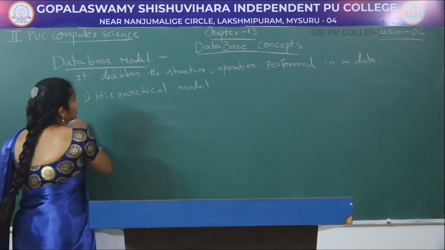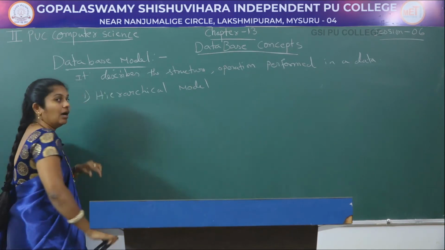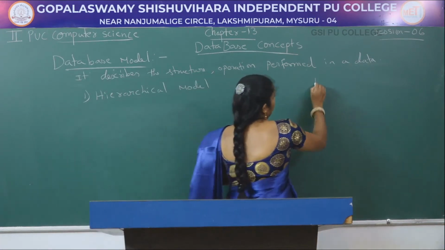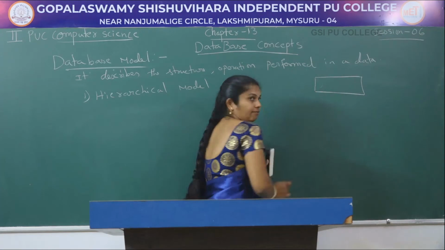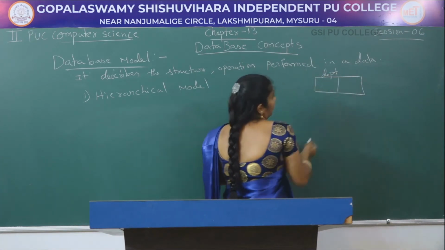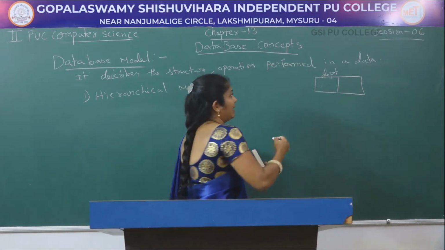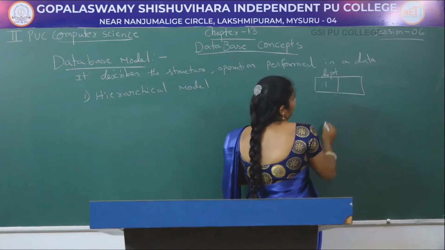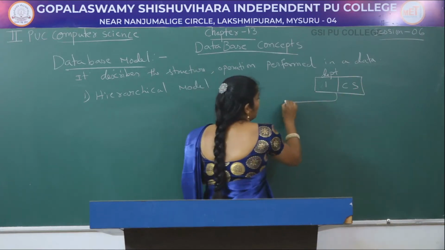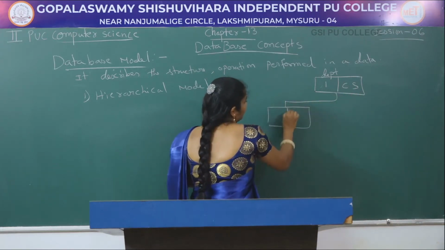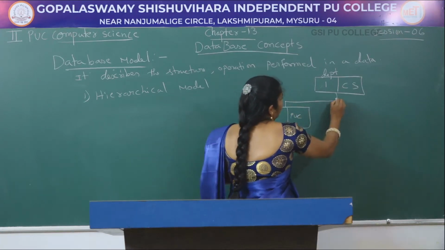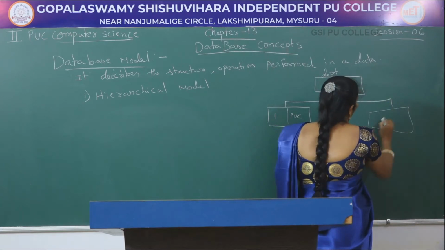What do you mean by this hierarchical model? How exactly will it look? For example, we are going to draw one diagram here. I am taking department as an example, with the values. One is department number 1, that is CS. In this, we have first PUC and one more, second PUC.